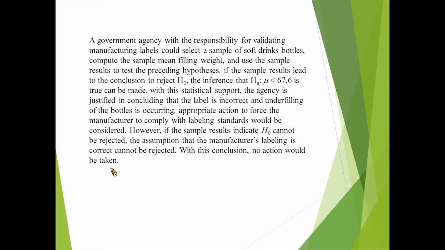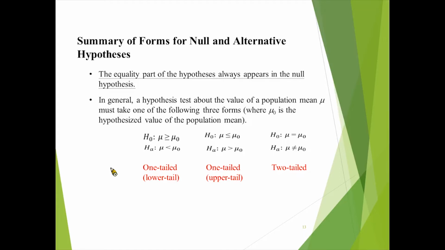If the label is not correct, we need to prove mu is less than 67.6 ounces. Okay, so this hypothesis has three kinds of conditions. You can see in this slide, the equality part of the hypothesis always appears in the null hypothesis.